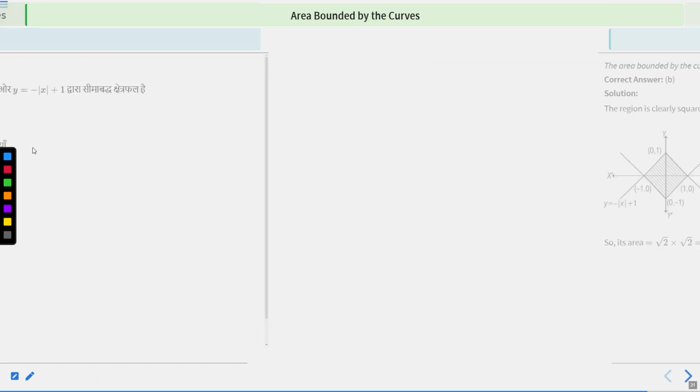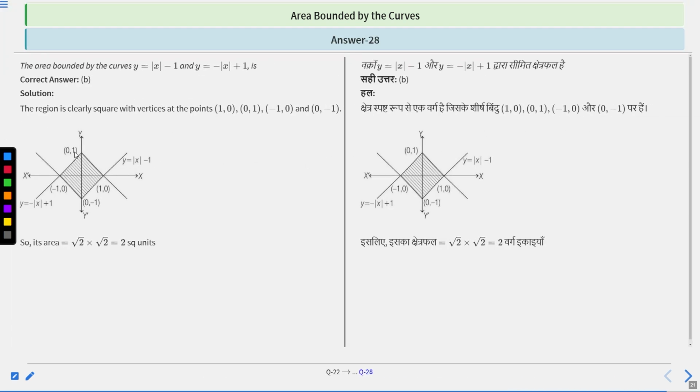Okay, let's move to the solution part. The region is clearly a square with vertices at the points (1, 0), (0, 1), (minus 1, 0), and (0, minus 1). So this is the region enclosed between these curves. Therefore, it is a square, right?